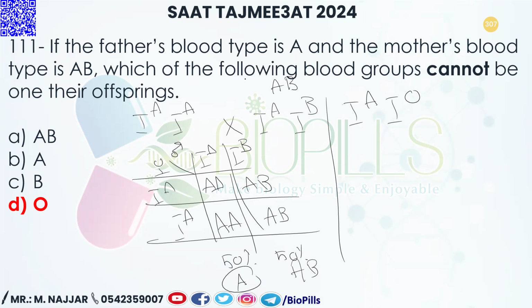And in case of the AB blood group mother, and the father is AO, it will be like this.